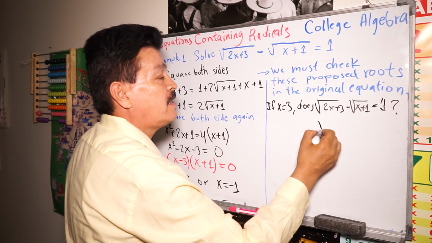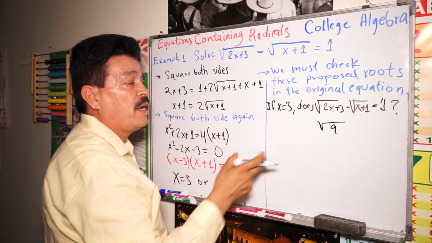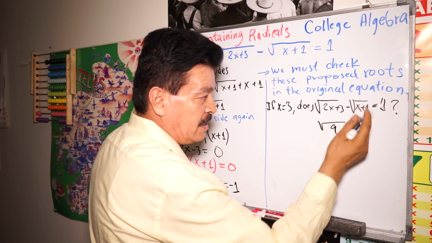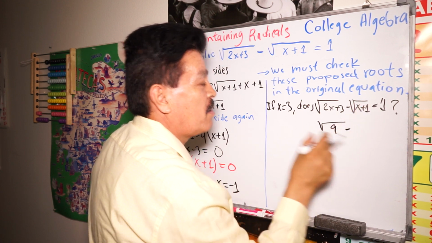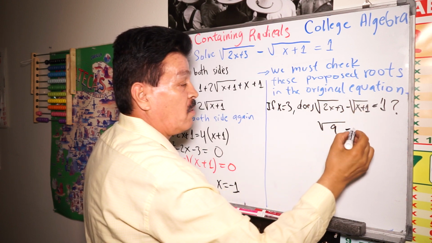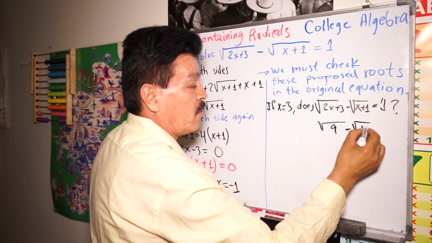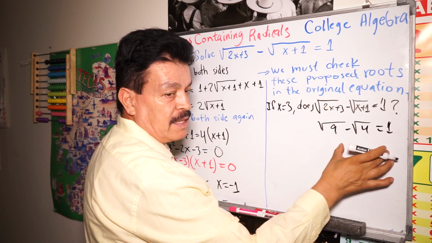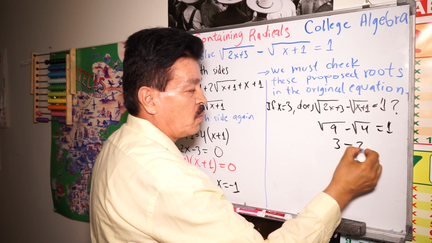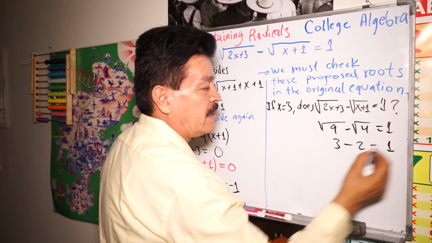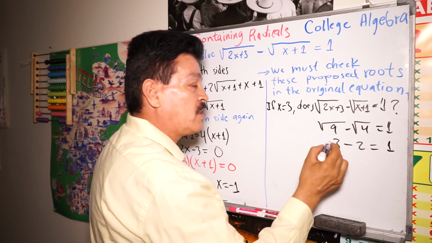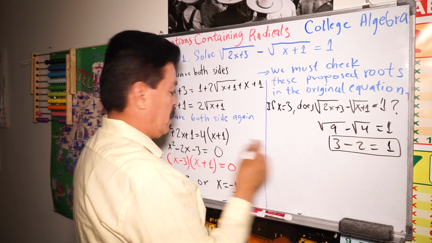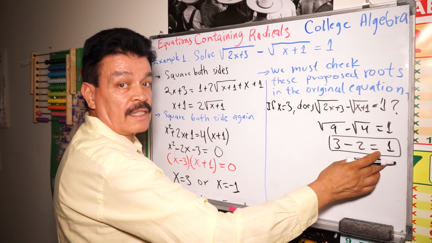Here you're going to have the square root of 9. I'm skipping some steps. So it's square root 9, which is 3, minus the square root of 4, which is 2, equals 1. 3 minus 2 is 1, right? So this is fine, this is right.